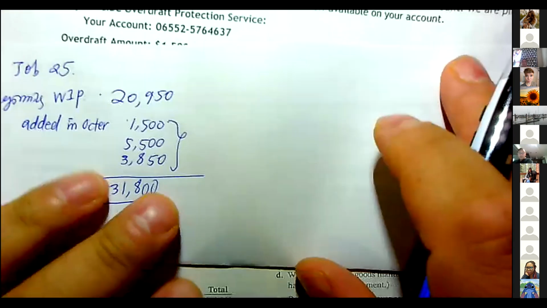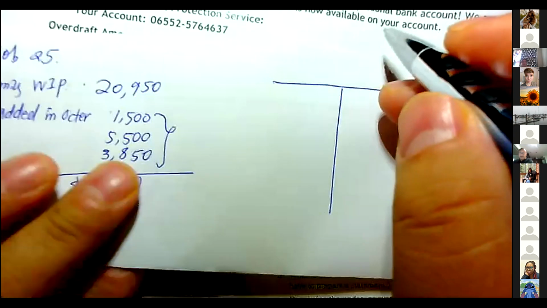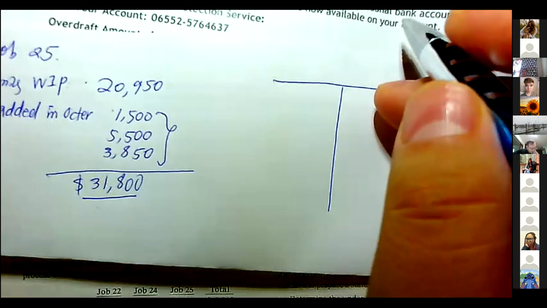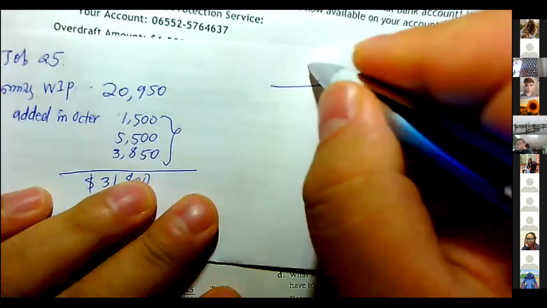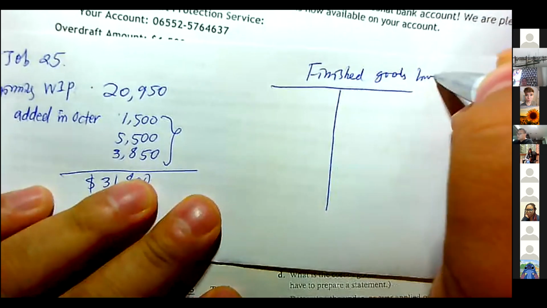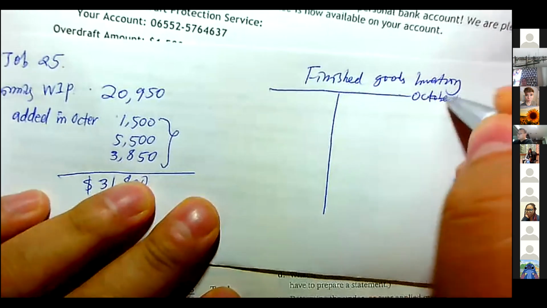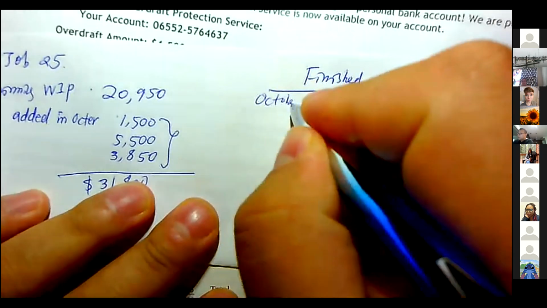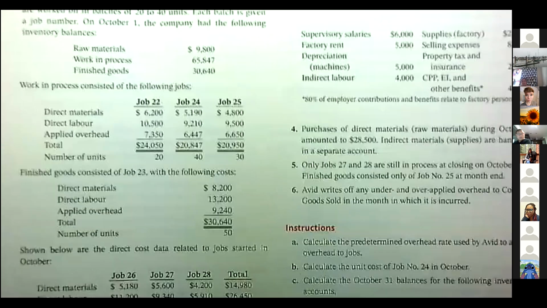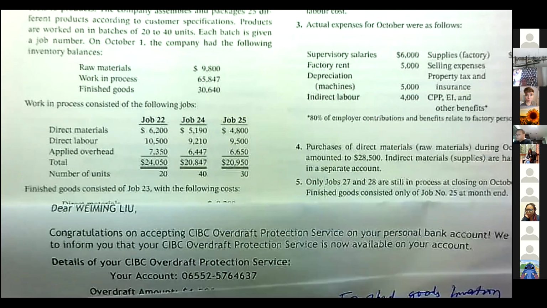Okay, let's do this. If you want to do it that way, that's fine. So if you have finished goods inventory, and the beginning balance is October 1st, this number would be 3640, right?